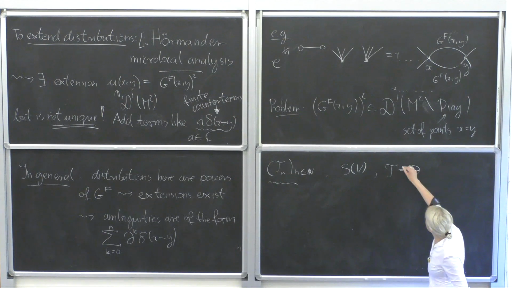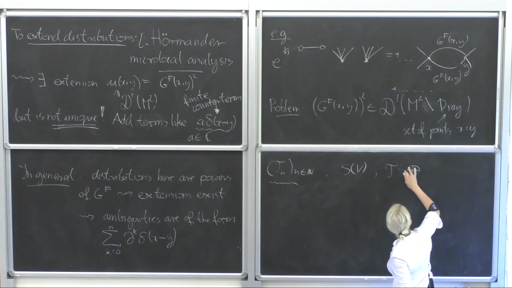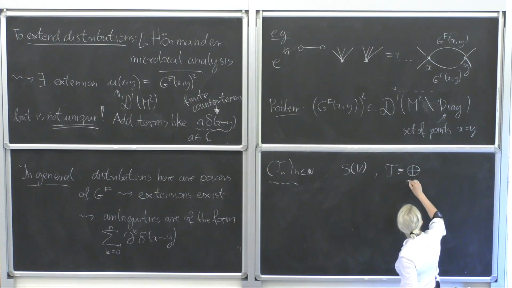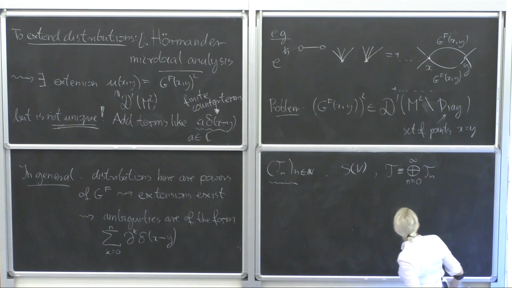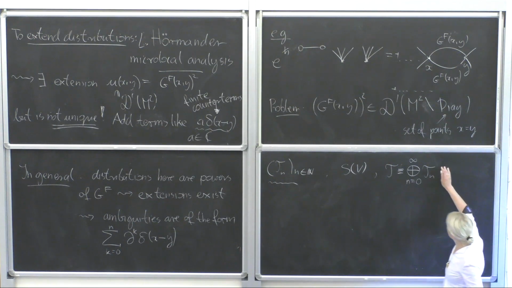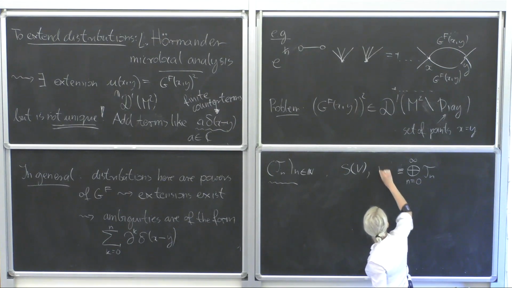So I'm going to define the renormalized time ordering operator. Let's do it like that. I'm going to take all my Tn's, and let's maybe do it with an argument.